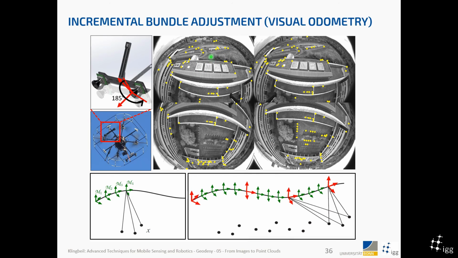It also, as described before, used feature points, corresponding features, and so on, and then it was able to calculate the trajectory by always refining points and calculating the motion here. So this is actually similar to the structure from motion that has been described in the beginning.